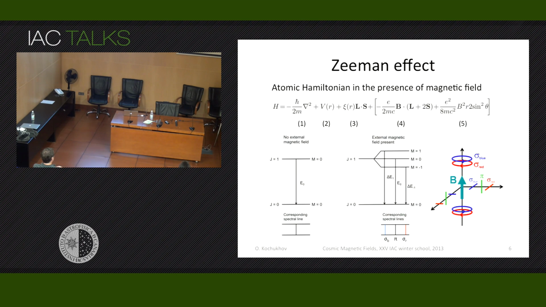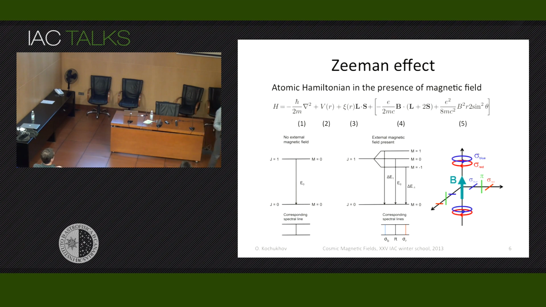One component would have right-hand polarization, and another left-hand polarization. If we look from the side, like this on this vector B, then we are going to have all three components, pi component and sigma components, and the polarization in the pi component will be linear and orthogonal to the linear polarization in sigma components.